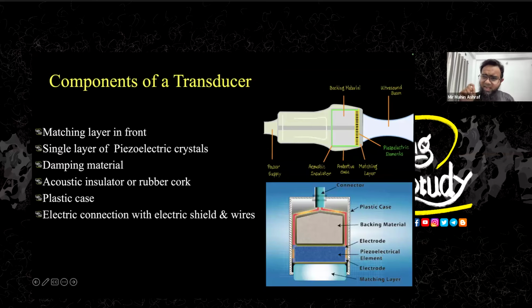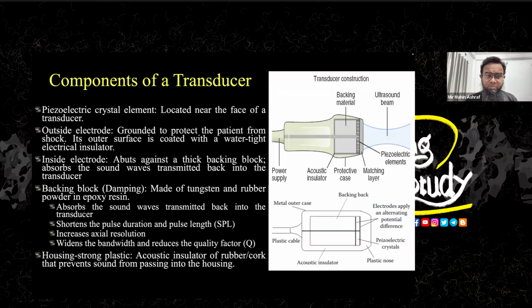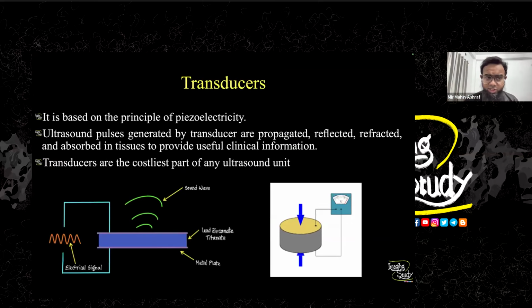So the main component of an ultrasound machine which I want to discuss is the piezoelectric crystal, which is the main functioning part, changing electricity to sound and sound to electricity. So this is the piezoelectric element, the most important component of an ultrasound machine. The main principle is piezoelectricity.